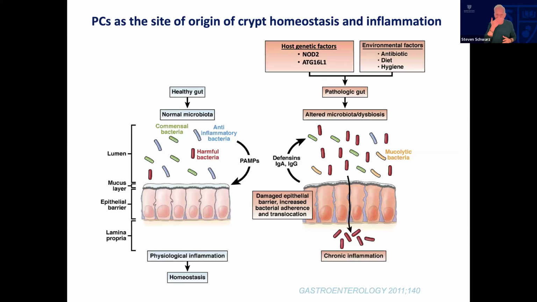And in this case, the elaboration of defensins obviously may not be normal or may not be sufficient to regulate the microbial composition, which can be mucolytic and end up penetrating and translocating, leading to damaged epithelium, increased bacterial adherence, and a state of chronic inflammation. So it's a delicate balance here, and it is determined not only by host genetic factors, but also by a host of environmental factors that may be involved.